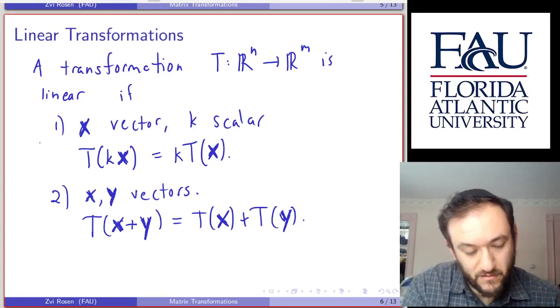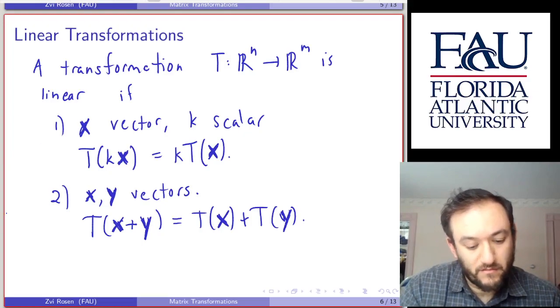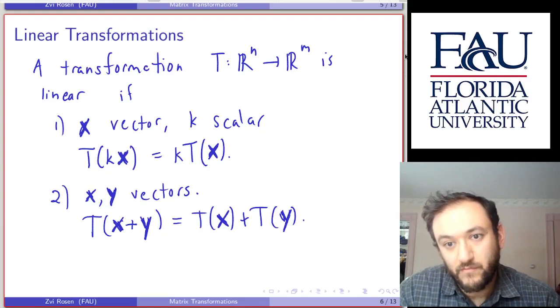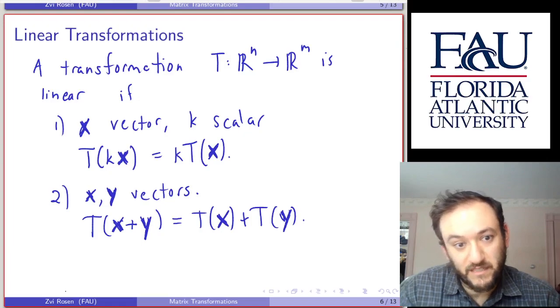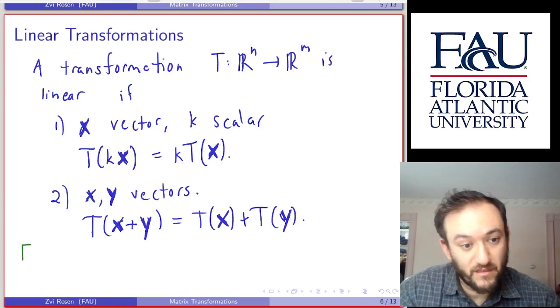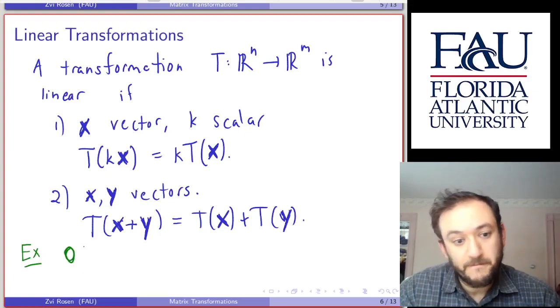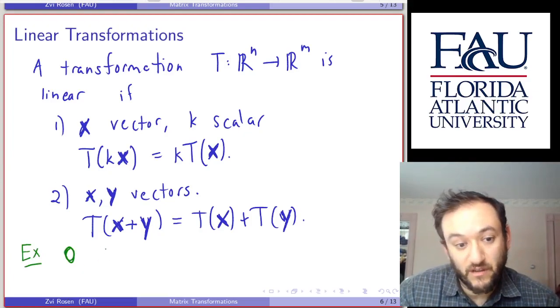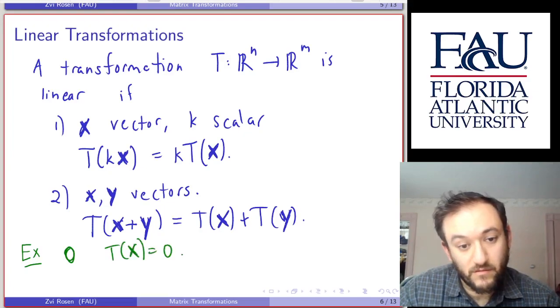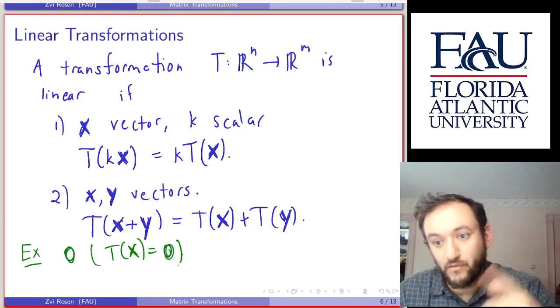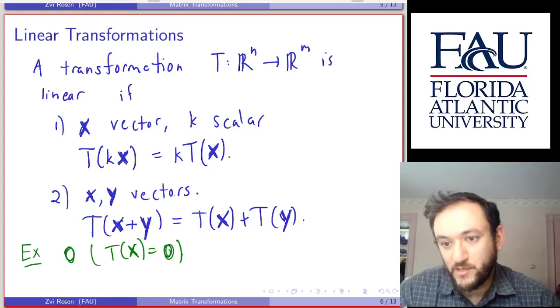So a quick example of some linear transformations you should be familiar with. First of all, the 0 transformation, which sends every vector to 0, is actually a linear transformation. So 0 equals the 0 vector, the vector of all zeros in whatever vector space you're mapping to.